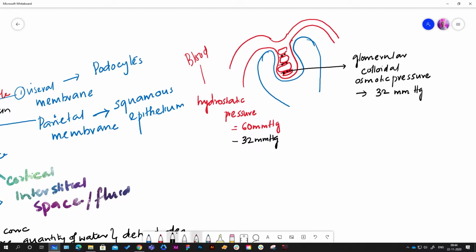This is one thing. The next thing is, I told you that the capsule is filled with the primary urine. This primary urine also opposes the flow of the blood inside. It is not allowing it to flow inside. It is also exerting a pressure here, and that is called the Bowman's capsular hydrostatic pressure, because it is present in the Bowman's capsule.